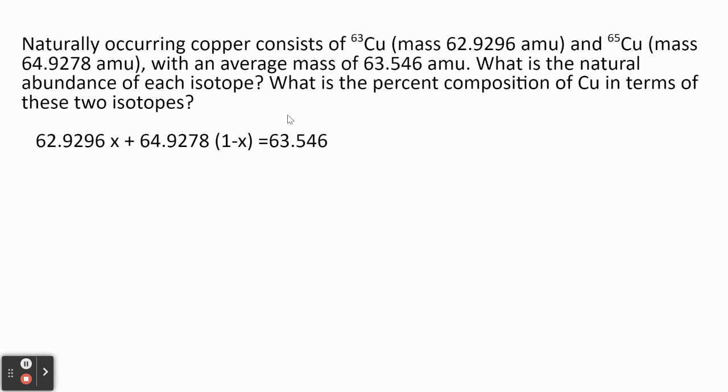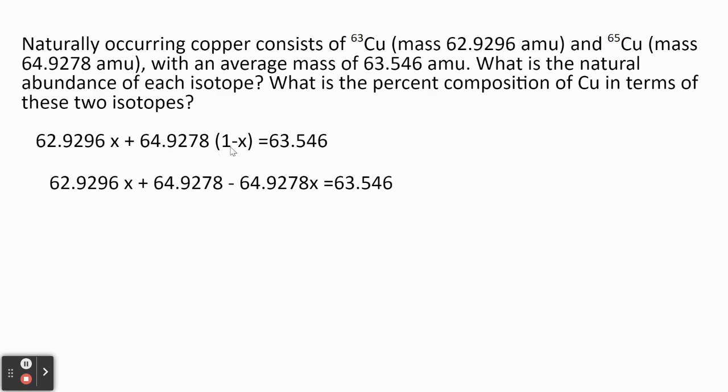This time we know what the total is. We don't know what the percents are. But if we say that copper 63 is X, copper 65 has to be 1 minus X because they're the only 2 isotopes that exist for copper. So then we just have to do some math.